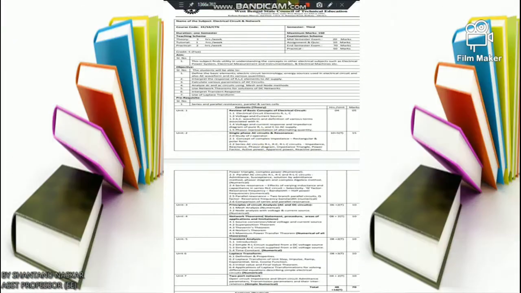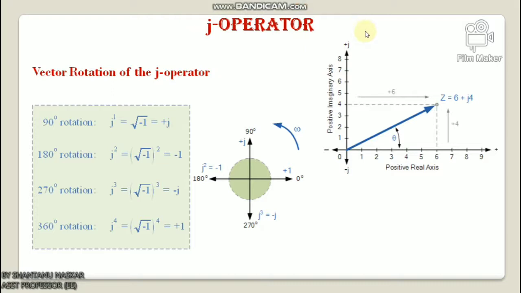So let's start. Before knowing the J operator, you have to know what a complex number and a phasor are. The mathematics used in electrical engineering to add together resistance, current or DC voltage uses what are called real numbers, used as either integers or fractions.